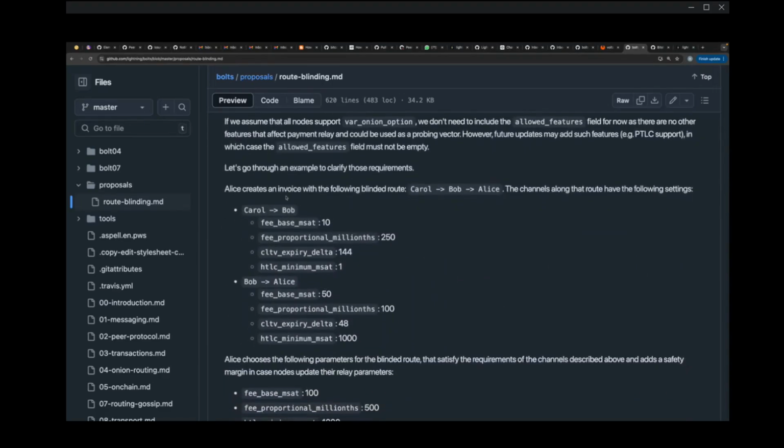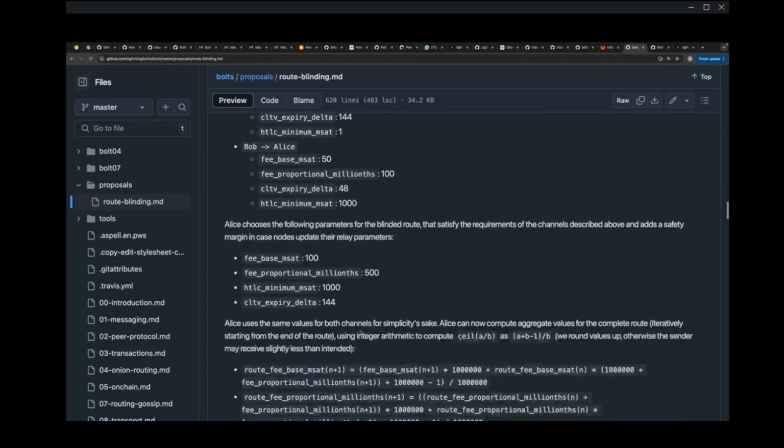So as you can see, when the onion comes to Bob, it would derive its rho key, and then when it decrypts it, it would get these parameters in the encrypted data, and it would know where to direct it to, because it also has the short channel ID.